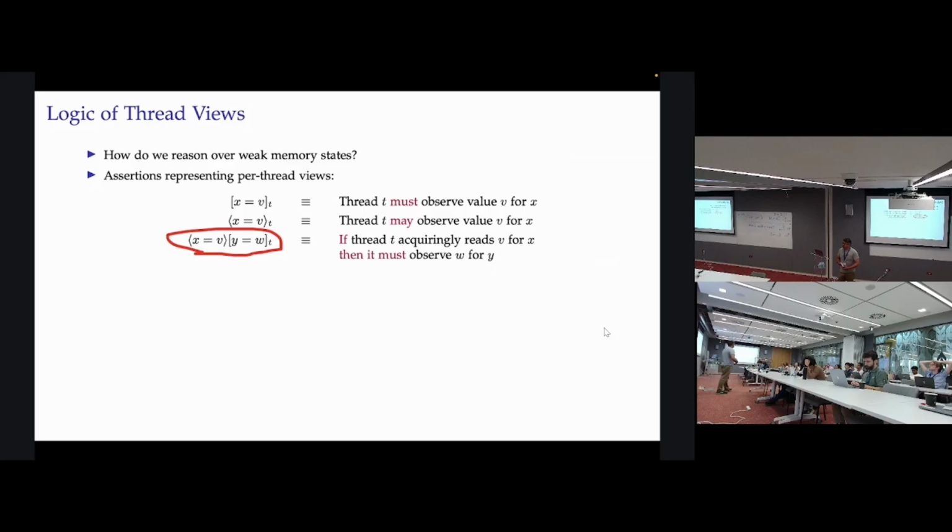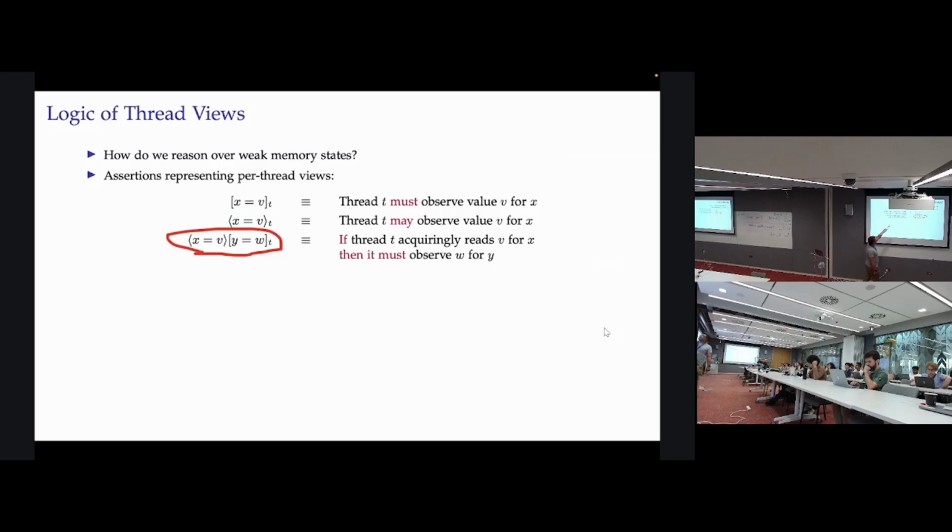This one is a bit strange. This is what we call a conditional observation. Okay, you're in such a state that if you were to read the value v for x in an acquiring read, then you would see that after that, y is definitely equal to w. So it's kind of conditional.